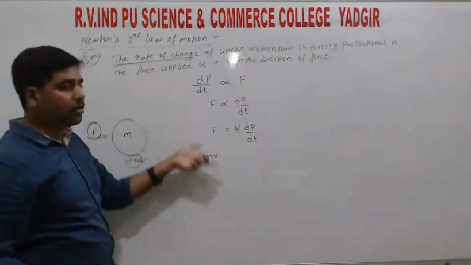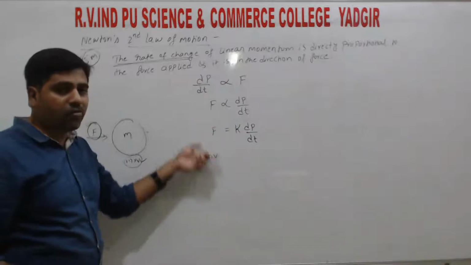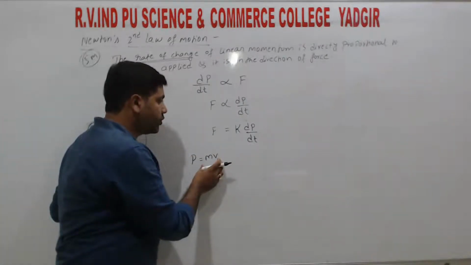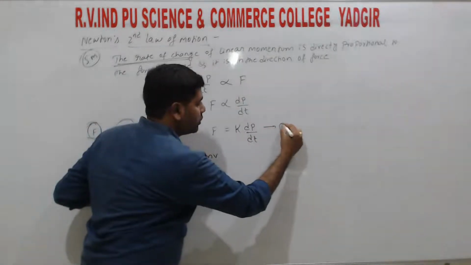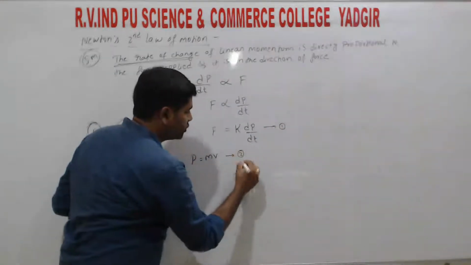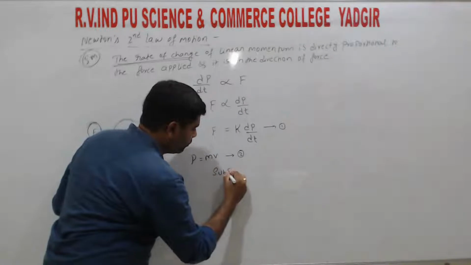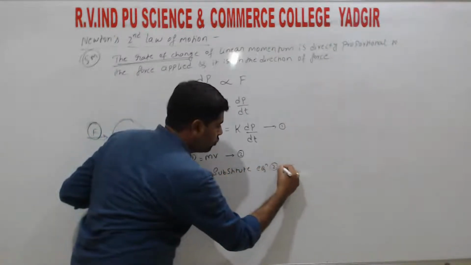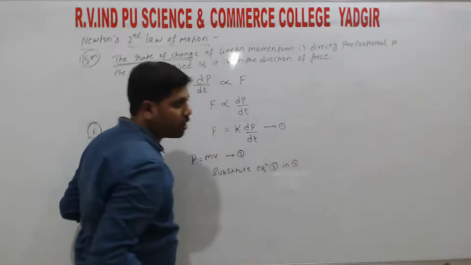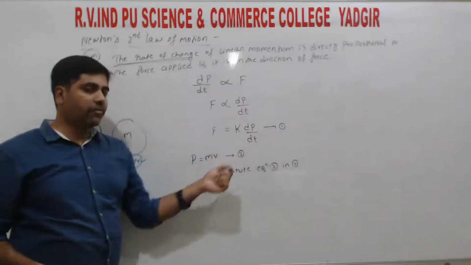So the statement along with this derivation. So here we have one derivation, right? So substitute the value of p here, calling this equation 1 and equation 2. So substitute equation 2 in 1, or put equation 2 in equation 1.